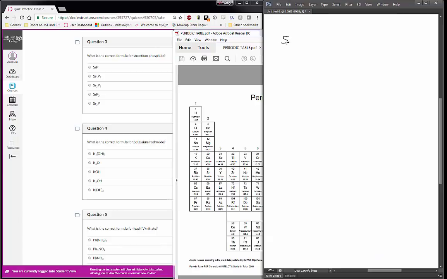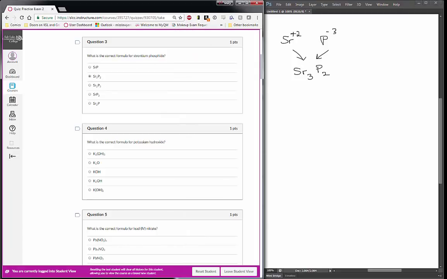So when they're talking about strontium phosphide, then you're talking about an ionic compound between main group element strontium and main group element phosphorus. And in order for that ionic compound to be neutral, we're going to have to pair 3 strontium ions with 2 phosphorus ions in order to fully cancel out charges here so that we'll have a neutral formula. So that has to be Sr3P2.